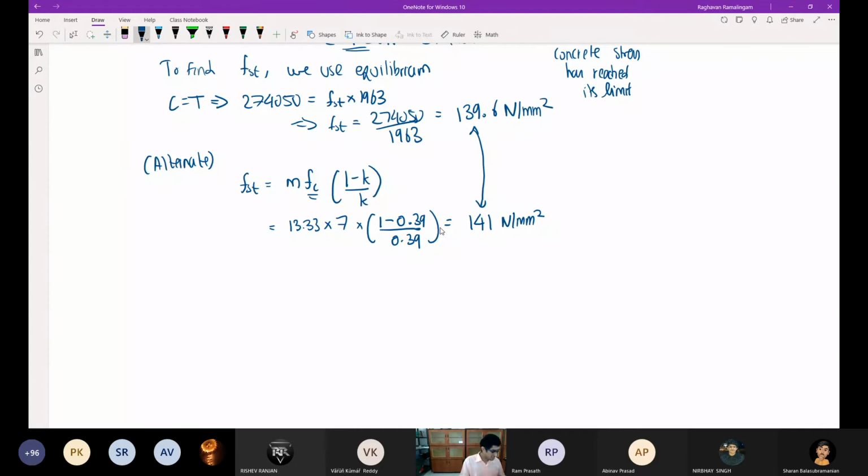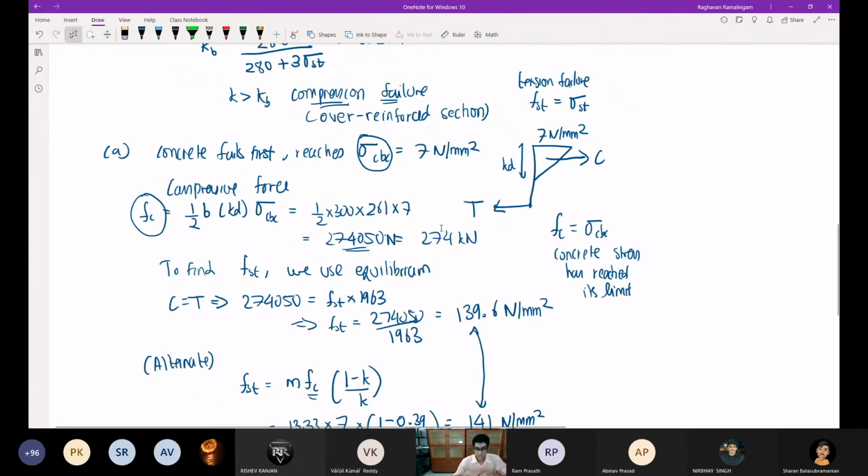Also, you can find out the allowable load, allowable moment. In general, how do you find moment?